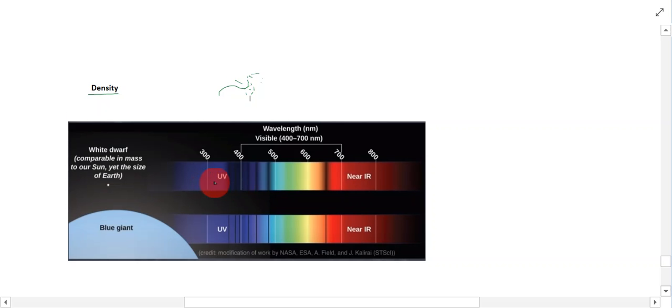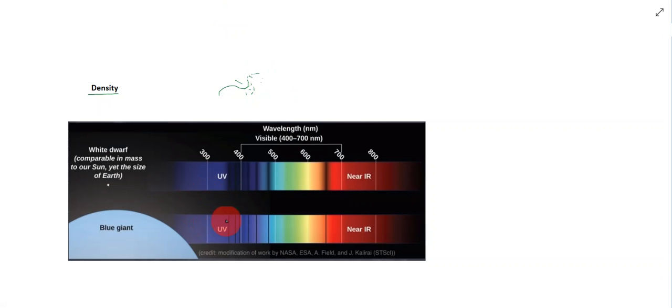A way to think about it is that when it's densely packed, there are many more collisions, and slightly different wavelengths of light are being absorbed an awful lot more. The light is passing through a very, very densely packed space, which is the photosphere in a white dwarf, whereas in a blue giant that photosphere is much more spread out, and as a result you get much crisper, cleaner lines being formed.